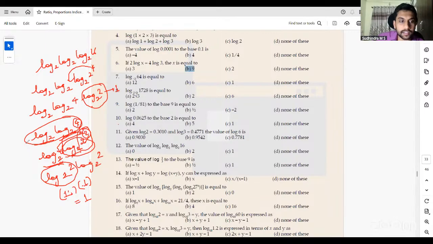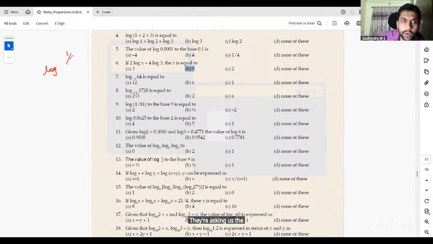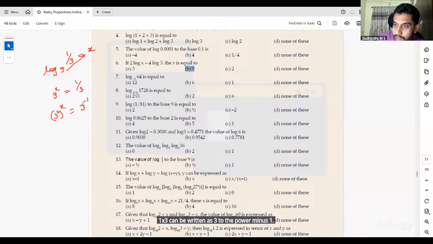Others, correct answers. They're asking us the value of log 1 by 3 to the base 9. I can just equate it to x. 9 to the power x is 1 by 3. 9 can be written as 3 square, the whole power x. 1 by 3 can be written as 3 to the power minus 1. 3 square, the whole power x can be written as 3 to the power 2x equals 3 to the power minus 1.